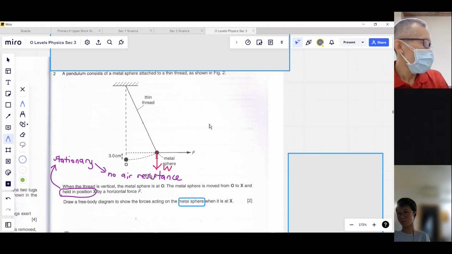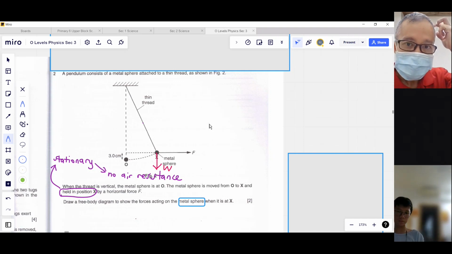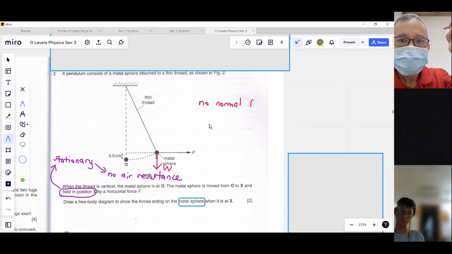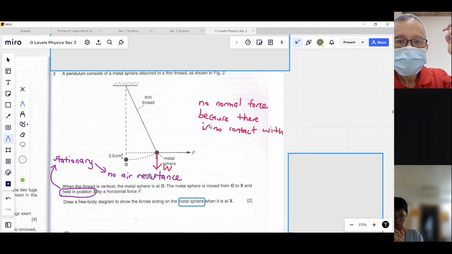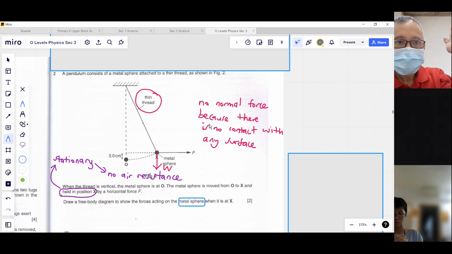Before I go to that, take note. In case 2, there is no normal force, or normal reaction force, if there is no contact with any surface. So Devan is right. But look out for this kind of thing in a thread, rope or spring.